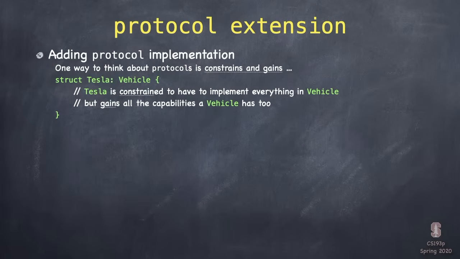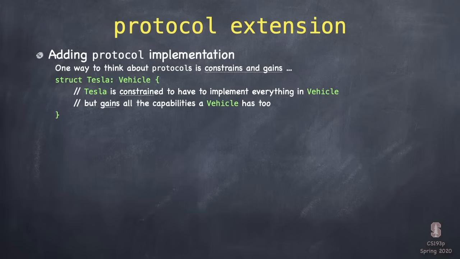One way to think about protocols, and I've already mentioned this in the demo, is constraints and gains. I use this because it rhymes, so hopefully easy to remember. And it works like this. So I have this struct right here, Tesla, and it's a vehicle, so it implements all those things. In fact, it's constrained to implement all the things in vehicle, which includes all the things in movable.